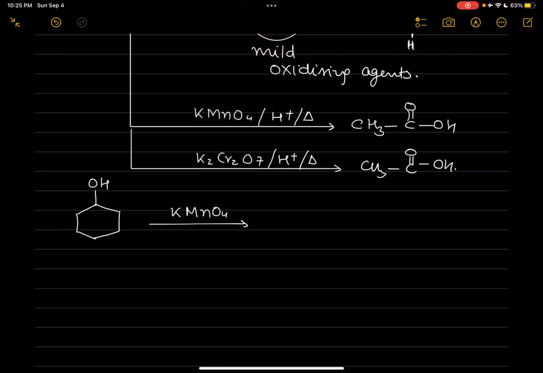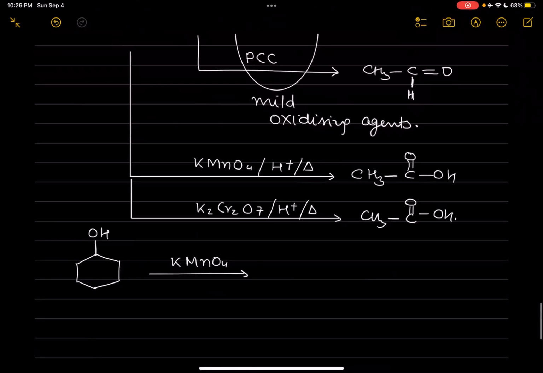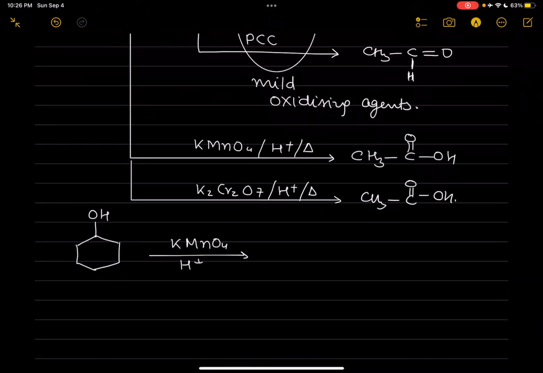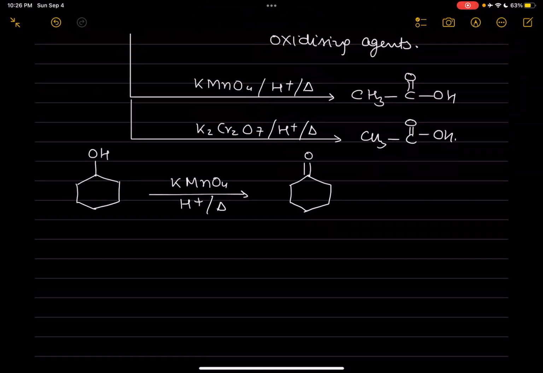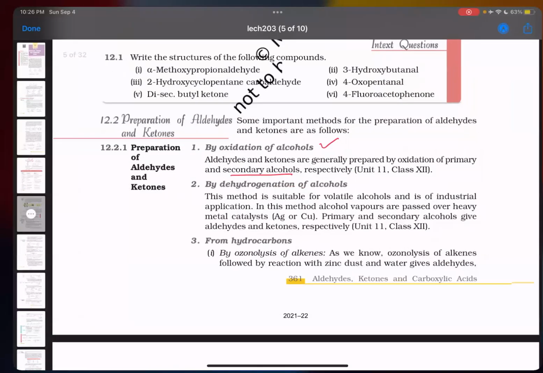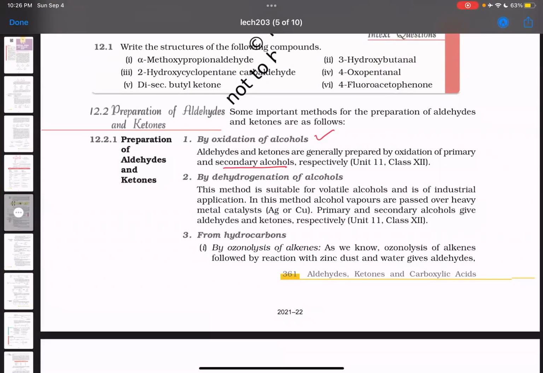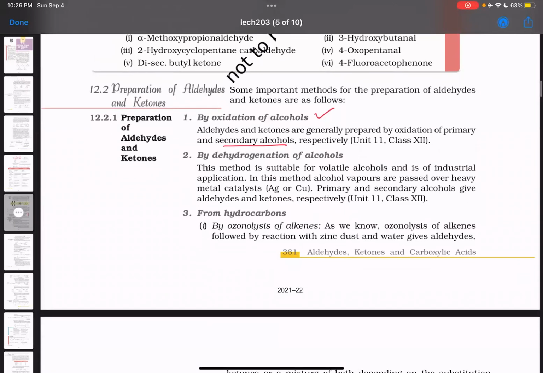If you want aldehyde, you need only a weak oxidizing agent. Okay, clear? So this is one method, and tertiary alcohols are not getting oxidized.